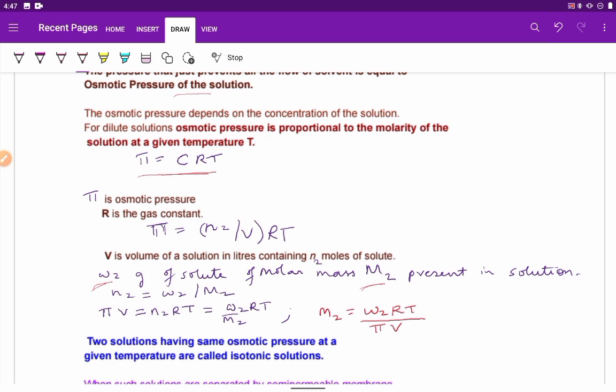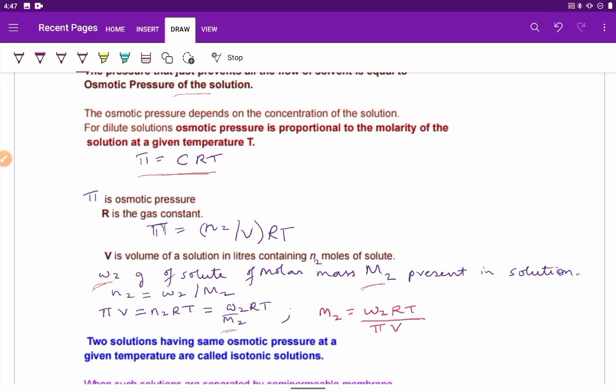So we can say pi V is equal to n2RT. In place of n2 we can write W2 by M2. So pi V is equal to W2 by M2 into RT. Now we just change the positions. M2 goes here, pi V comes down. So M2 is equal to W2 RT by pi into V.